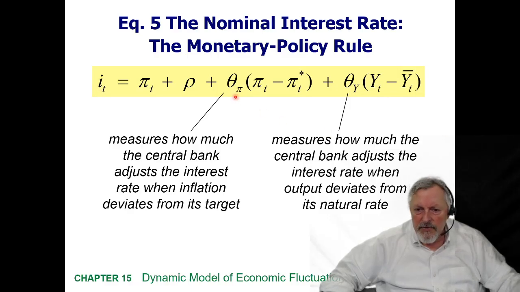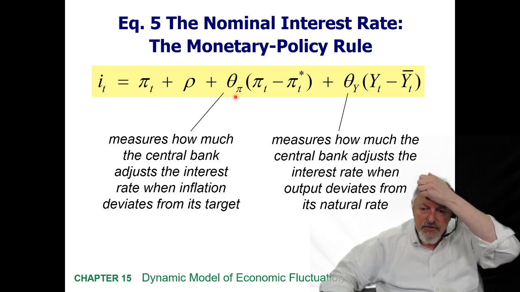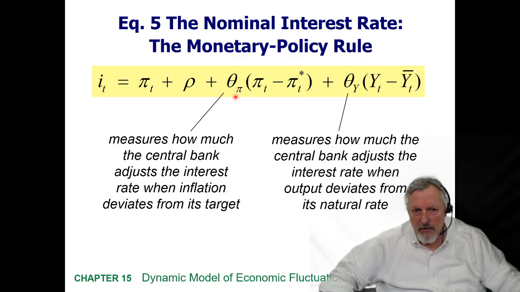You can think of this as how much the central bank adjusts the interest rate when inflation deviates from its target, and how much the central bank changes the interest rate when output is different from its natural rate.